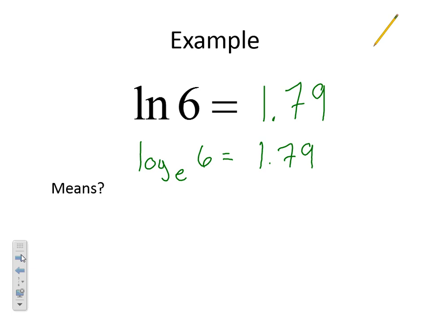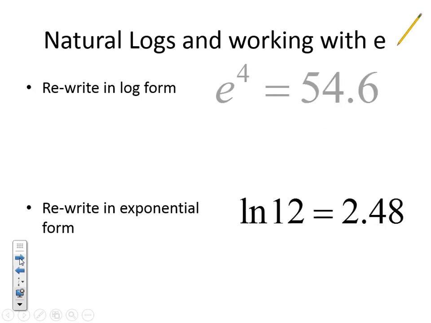Now if I wanted to rewrite this, I would have e to the 1.79 is approximately 6. All right, moving on. Make sure you're getting all these examples in your notes today, please, ladies and gentlemen. So natural logs and working with e.